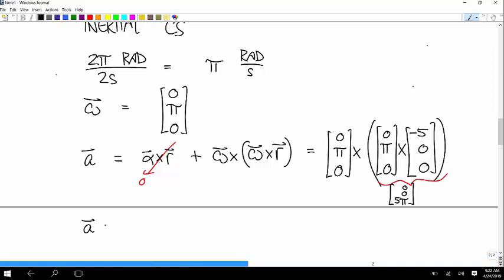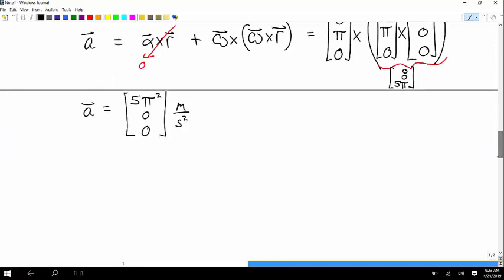And so the total acceleration of the astronaut is 5 pi squared, 0, 0. And so that's a little under 50 meters per second squared.